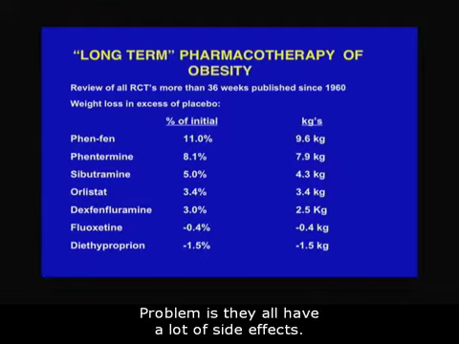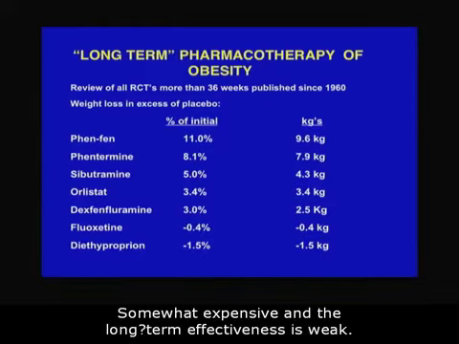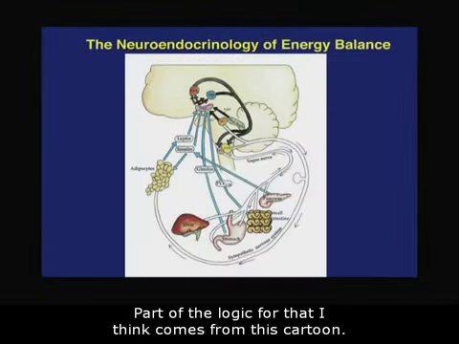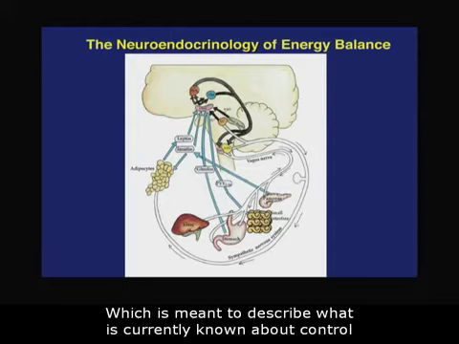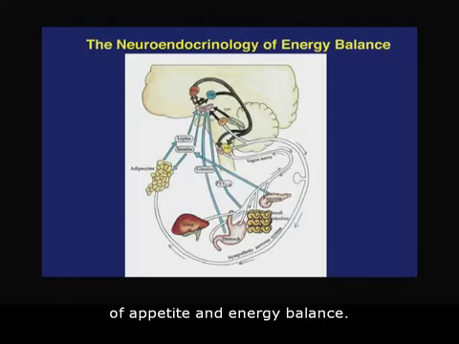The problem is they all have lots of side effects. They're somewhat expensive, and like I said, the long-term effectiveness is weak. And part of the logic for that, I think, comes from this cartoon, which is meant to describe what is currently known about control of appetite and energy balance.